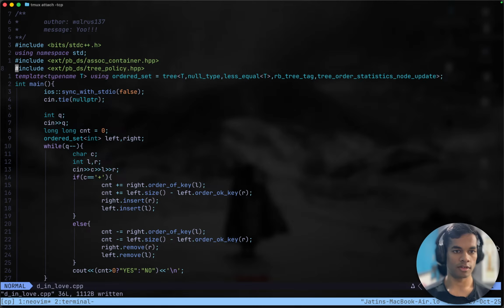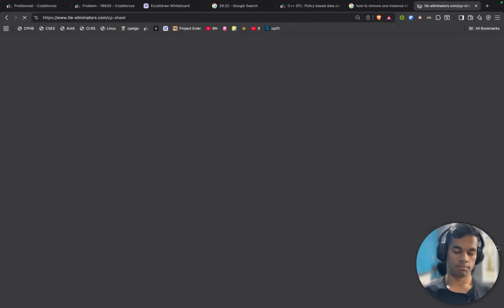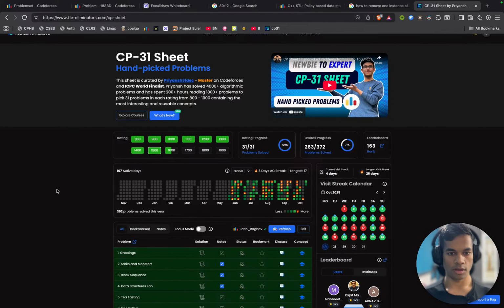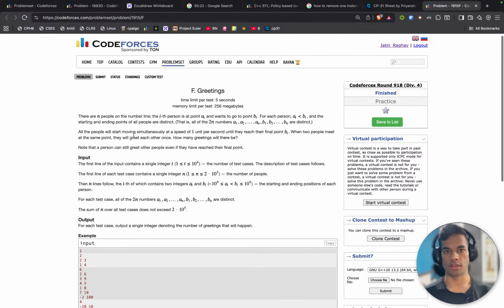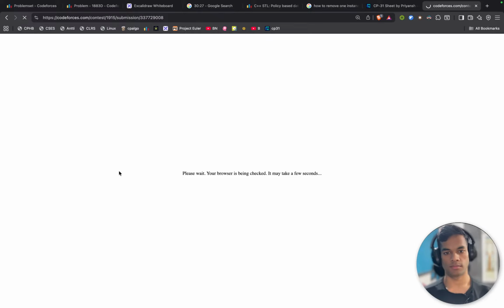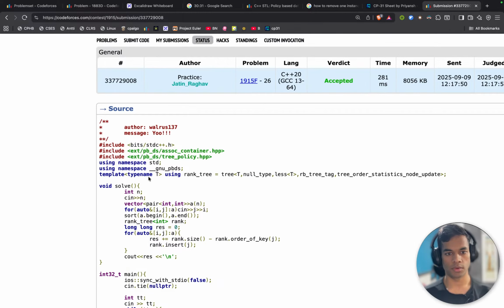I think the problem is just with this local system. There was this question based on policy-based data structure. I guess it was this one here. Yes, now the problem is just policy-based data structure. Yes, using namespace, this.